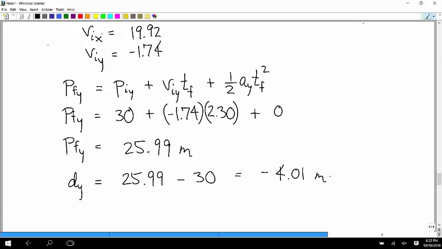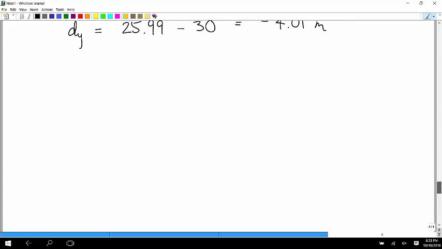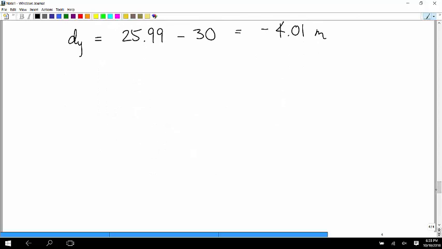So in that time, the helicopter has gone 4.01 meters lower. Any questions about that? Okay. So that's all for 2D kinematics.